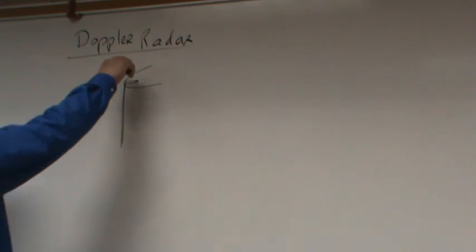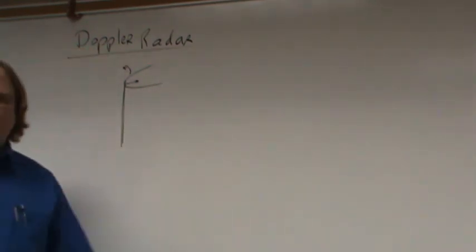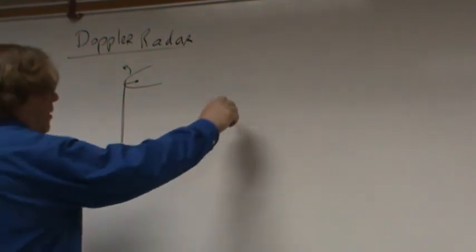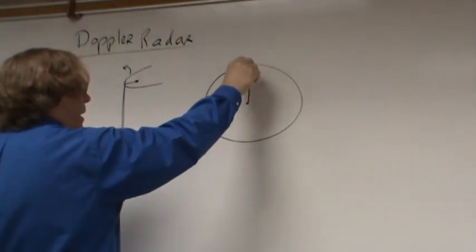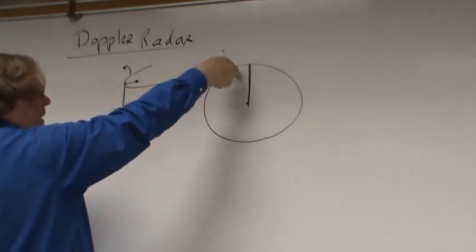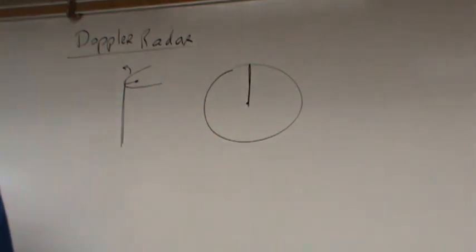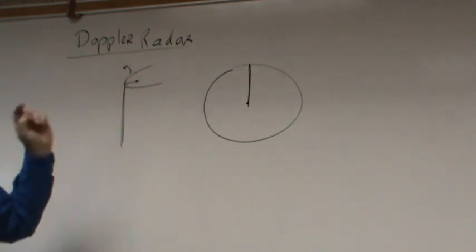And so what they did was this thing would rotate round and round, and then you'd have some British officer sitting at a table at a console, and in front of him would be this circular screen. And this line here would go around 360 degrees, round and around, at the same time that that dish was going round and round.